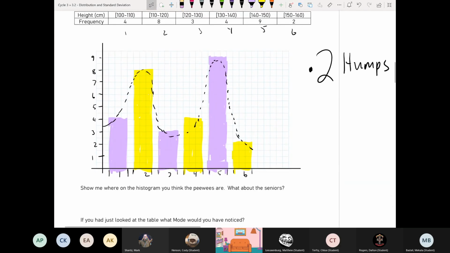Well, we would assume that the peewees would be in category 2, right? Or we can assume peewees are shorter. Right, so we can assume that these ones are going to be the peewees and that these are going to be the seniors.